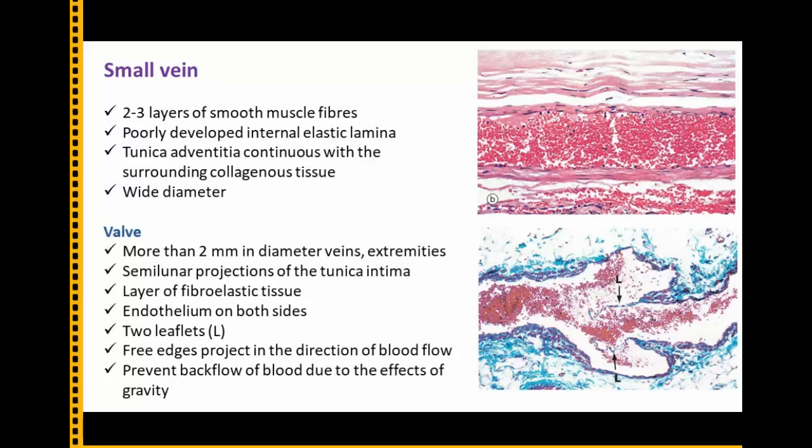They are semilunar projections of the tunica intima, and these valve leaflets are layers of fibroelastic tissue, so they can open and close. They have fibroelastic tissue in the middle, covered by endothelium on both sides.